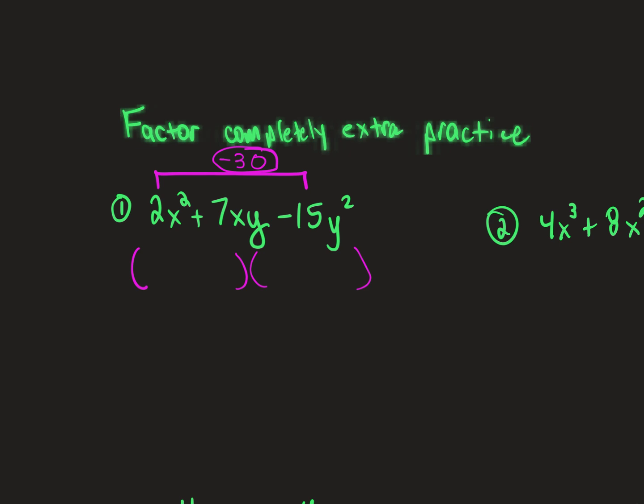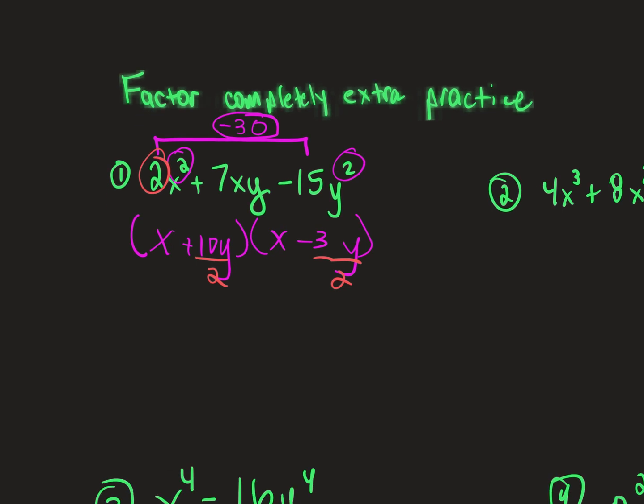So let's see, what can it be? I have x's in the front, y's in the back because I have x squared and y squared. But I'm going to go with positive 10 and negative 3. And since my a term is not 1, it's 2, I have to divide each of these by 2. So now I'm going to say, okay, does 10 divide by 2 nice and pretty? It absolutely does.